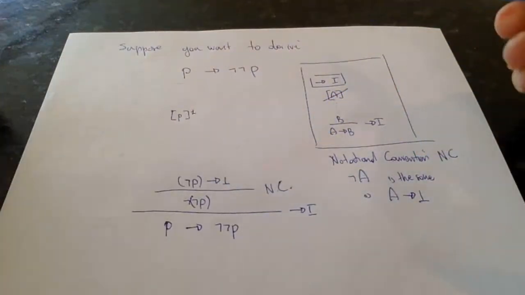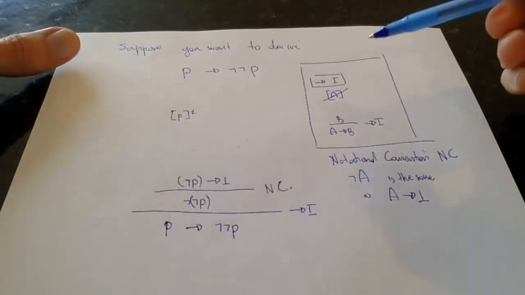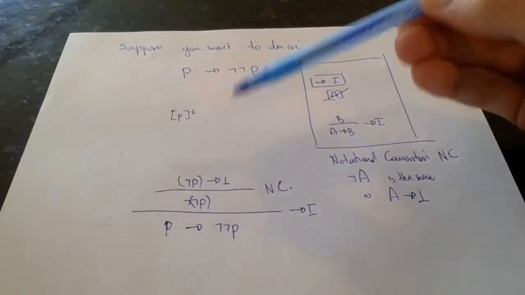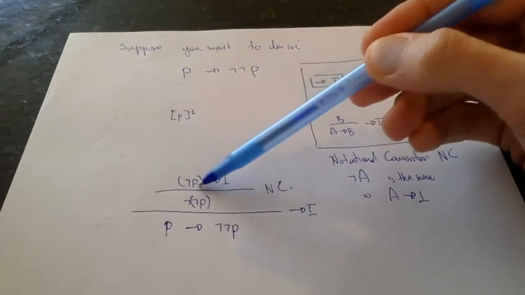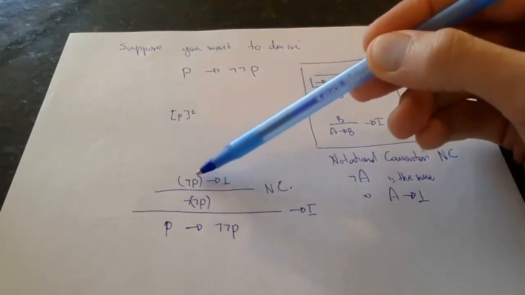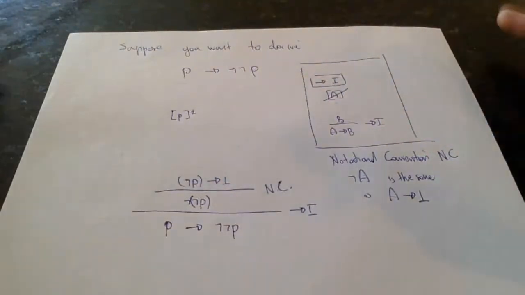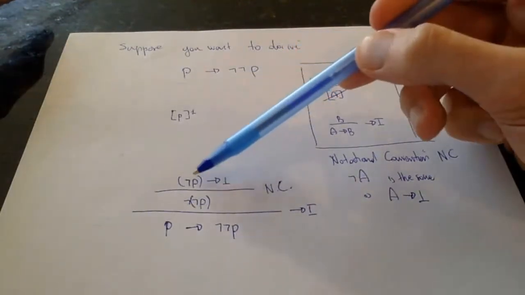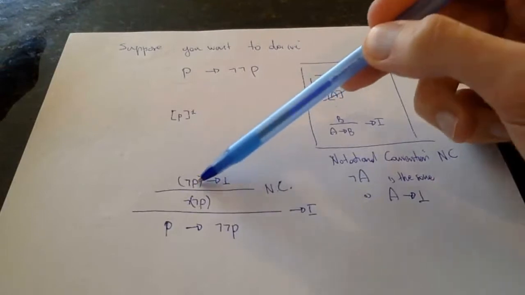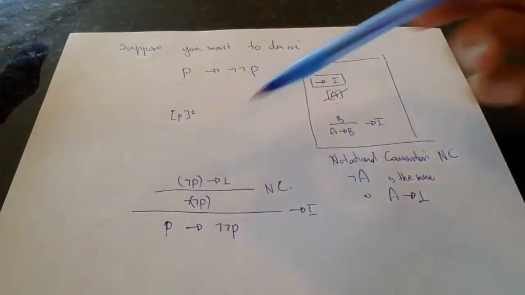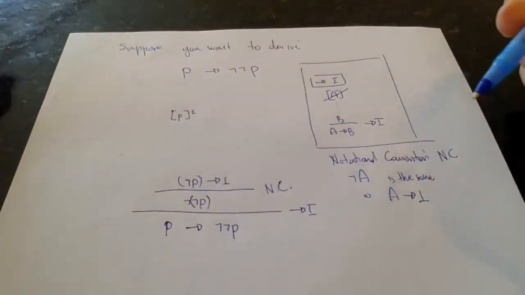I can repeat this process one more time because I have another negation right here. But wait. So if we are at this point, this is again in the form of an implication.